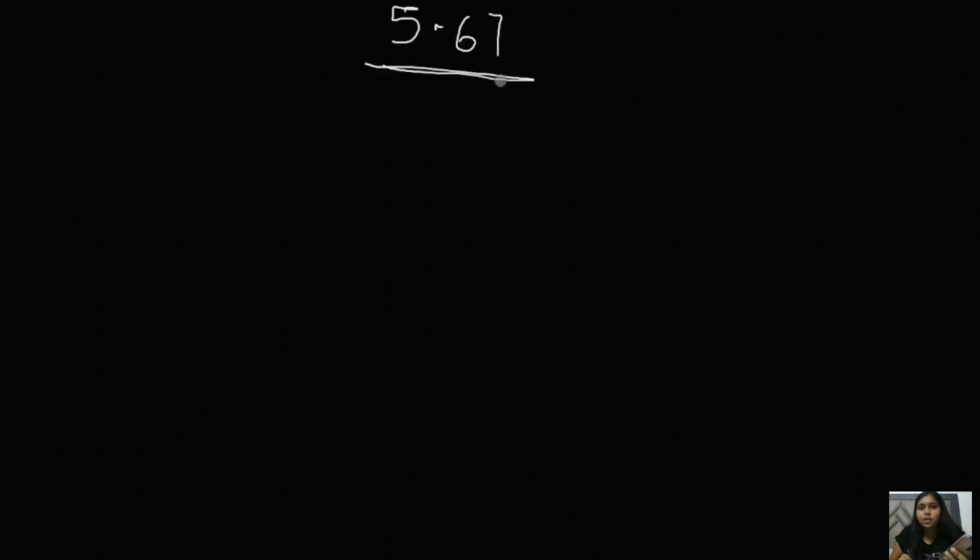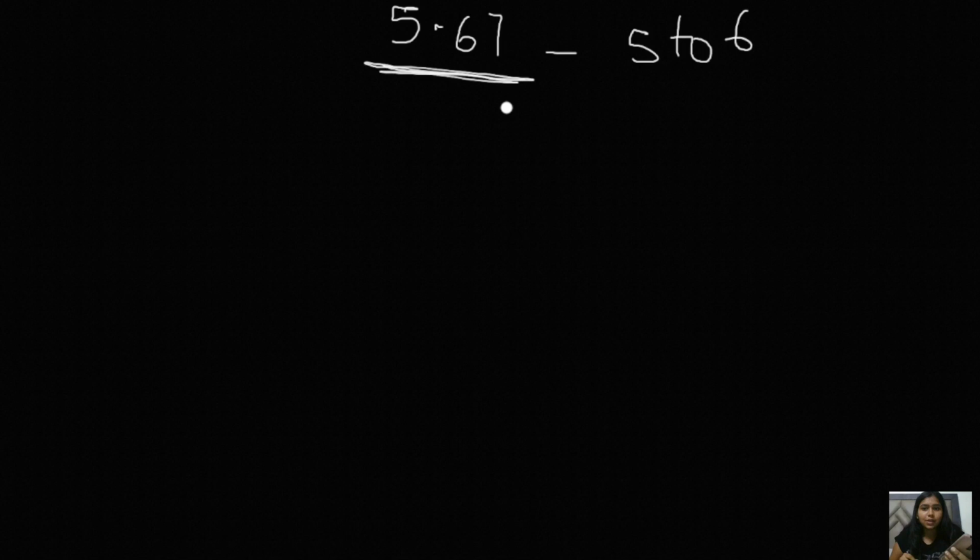So now we can also show you how to represent decimal expansions on the number line. You just have to look very carefully. Like we are plotting 5.67 on the number line. You can see that 5.67 lies between 5 and 6.